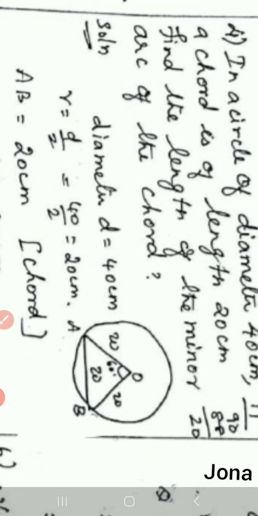We want to find the length of the minor arc of the chord. Here it is given clearly, the radius is 20 and the diameter is 40, isn't it? And the length of the chord is 20, and we want to find the minor arc of the length chord.